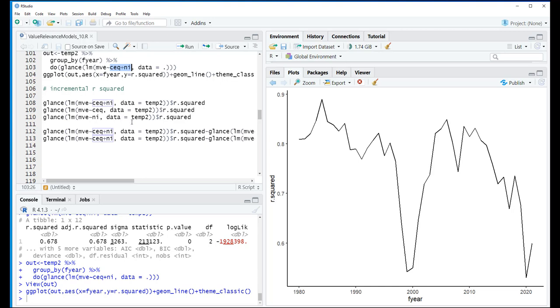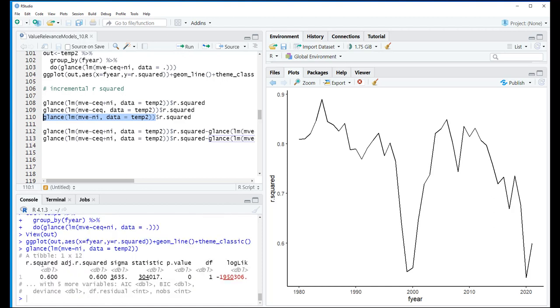This has been called incremental R squared, meaning how much does the R squared increase when you add a new variable? So I'll show you how this works. Let's say we just started with net income, and we can pull out this R squared from this data frame that is created here. Remember, I showed you this creates a data frame, so we have R squared and all these other things.